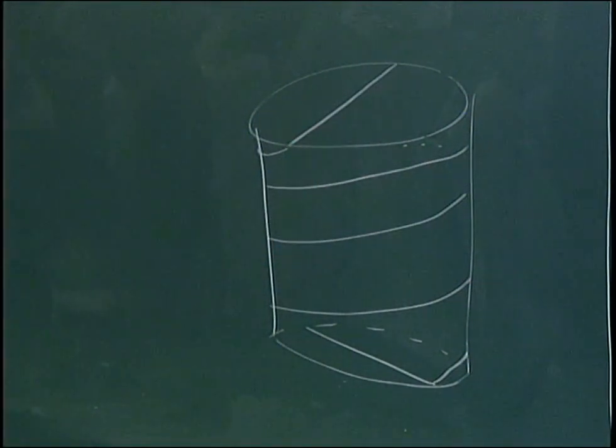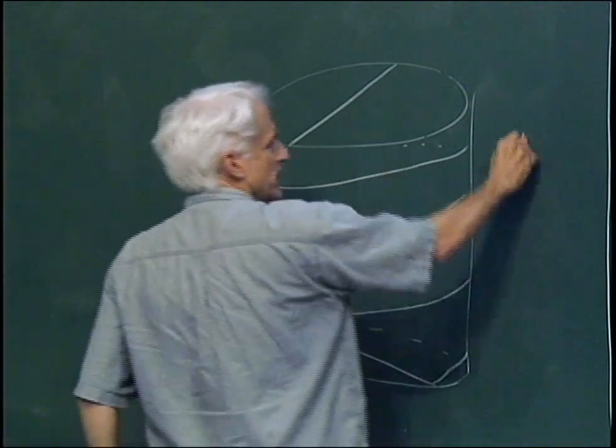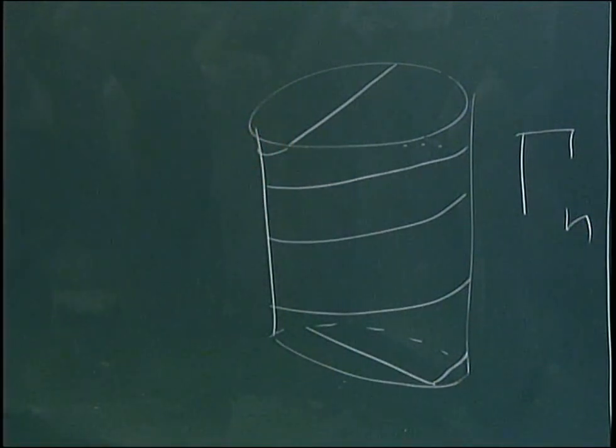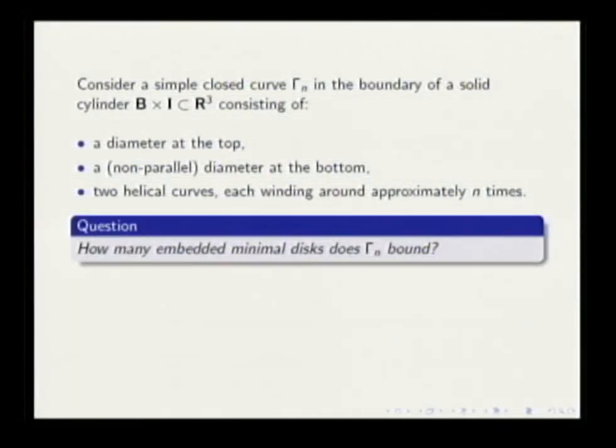It can't wind around exactly n times, or else they would be parallel, but have it wind around approximately n times, and call that curve gamma n. Consider a curve like that. The question I want to ask is, how many minimal embedded disks does that curve bound? So it's just the classical Plateau problem for this particular curve.